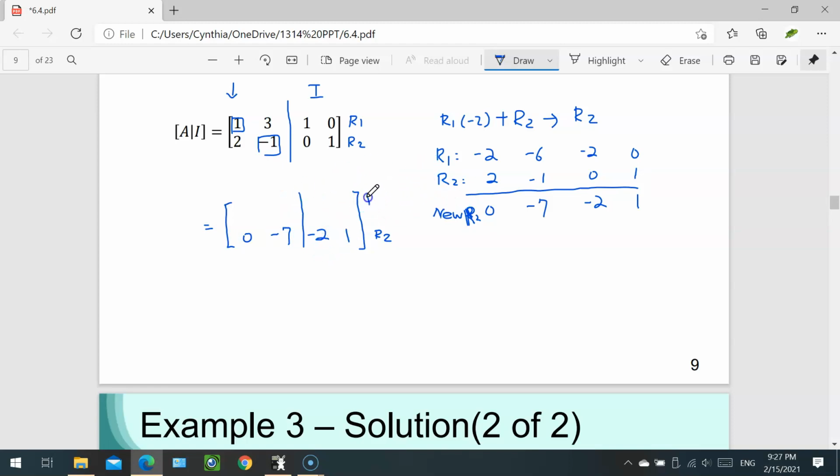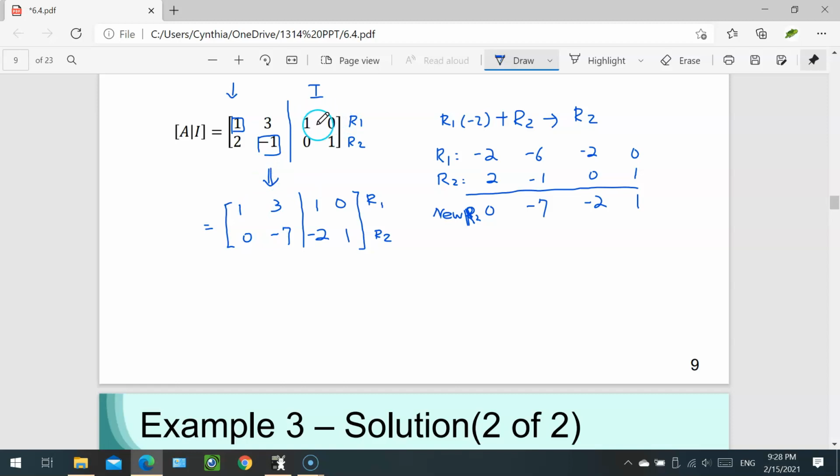How about row 1? Row 1, we just copy down whatever we have from the previous step here. So 1, 3, 1, 0. Now as you can see, on the column 1, we have the 1, 0. Right? That's what we want. So we are done with the column 1. Now we move to the column 2.